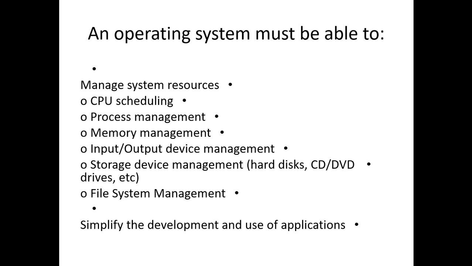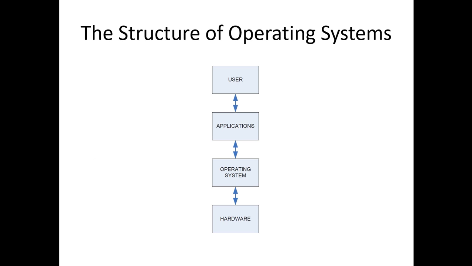An operating system must be able to manage system resources: CPU scheduling, process management, memory management, input or output device management, storage device management, hard disk and CD or DVD drives, etc. File system management, simplify the development and use of applications.